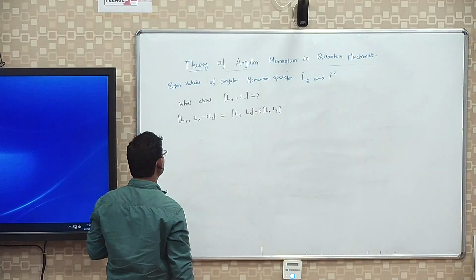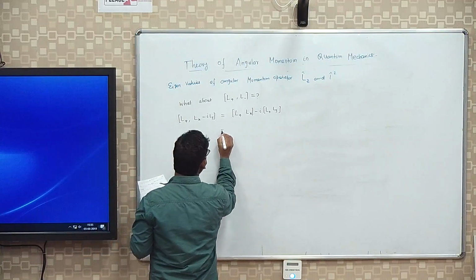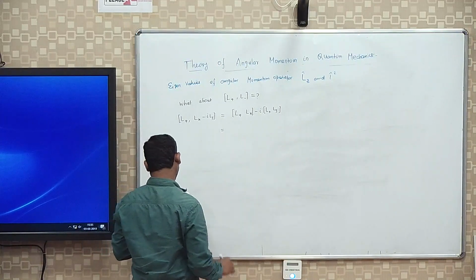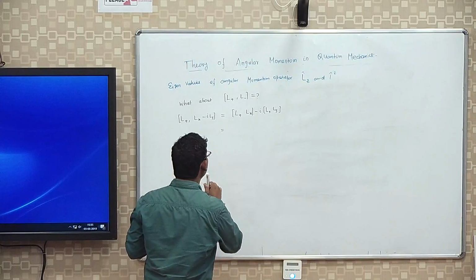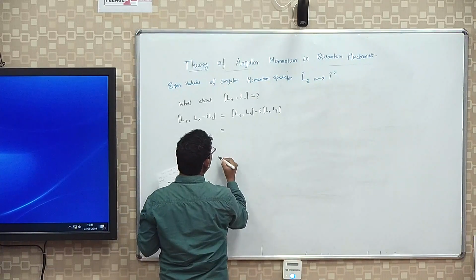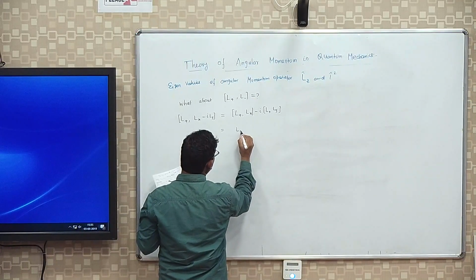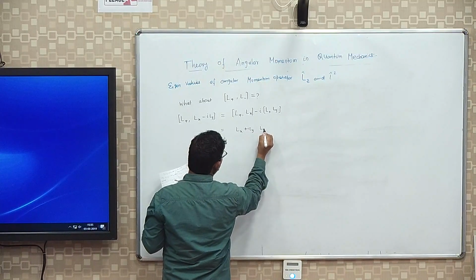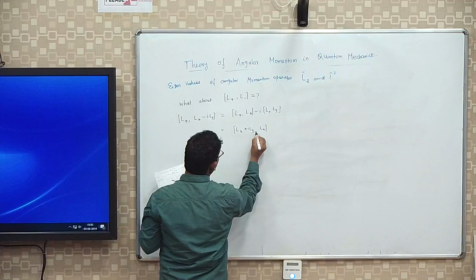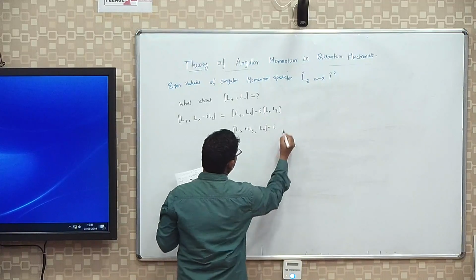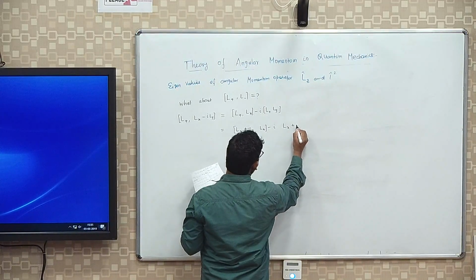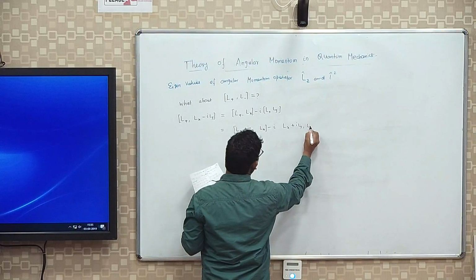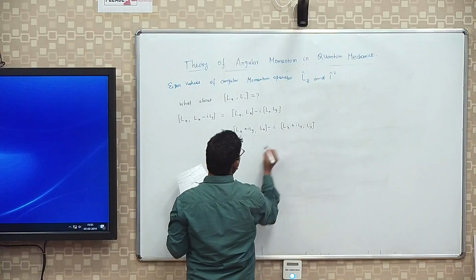So L plus commutes with Lx; again we have to write L plus as Lx plus i Ly. Lx commutation minus i Lx plus i Ly commutation.